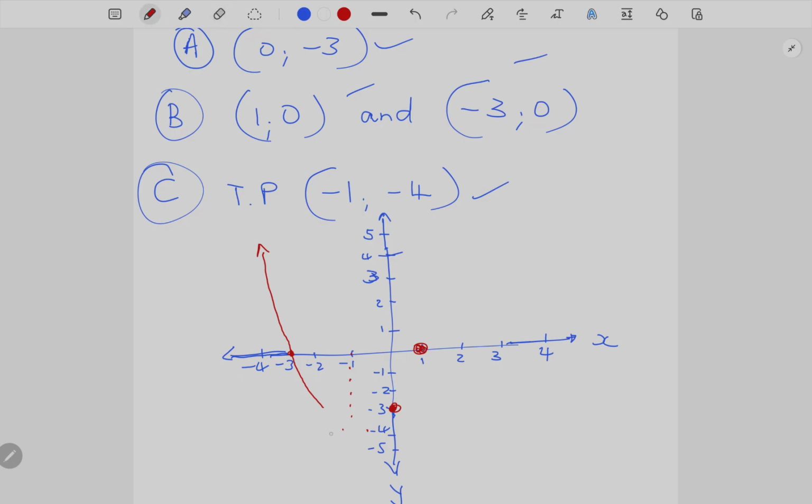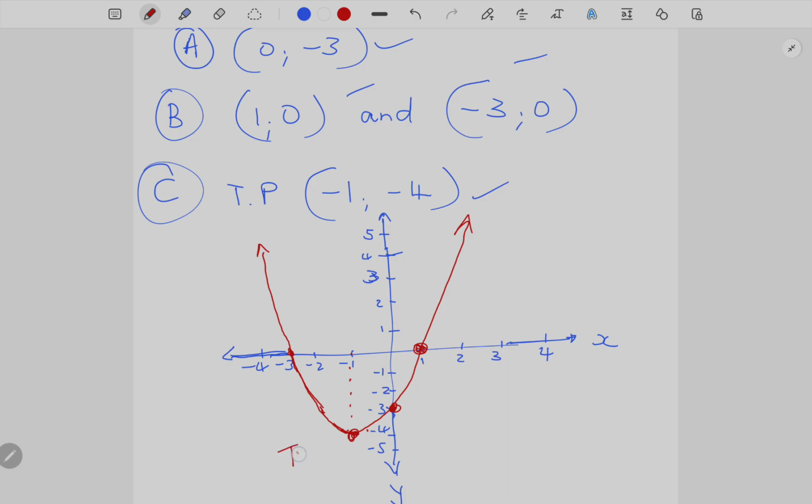So we've got this point where they meet together at negative 1, negative 4, and then it goes and cuts this one. So this is our turning point.